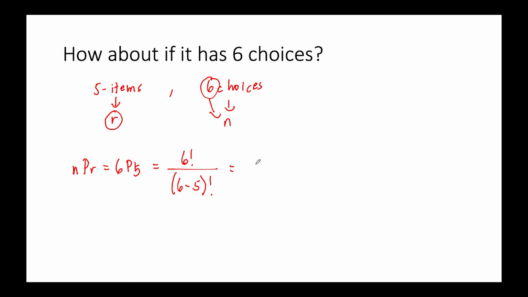That would be equal to 6 times 5 times 4 times 3 times 2 times 1. We know that 6 minus 5 is 1 and 1 factorial is equal to 1 also, so it cancels. So this would be equal to 720 ways.